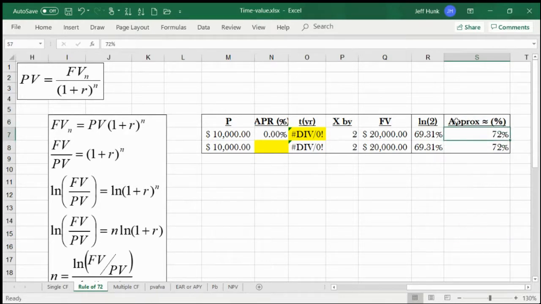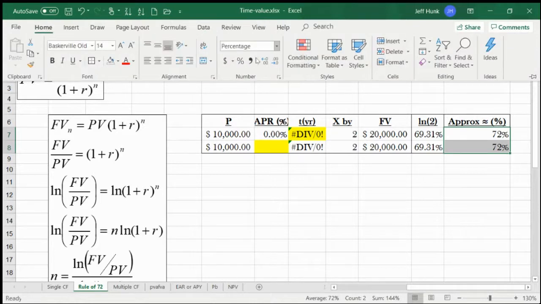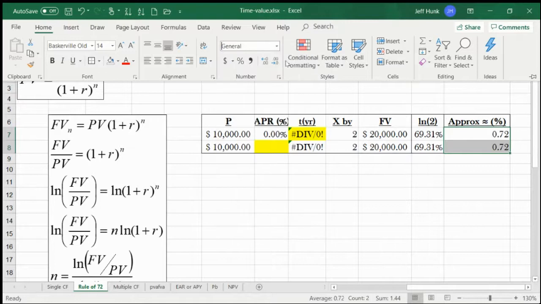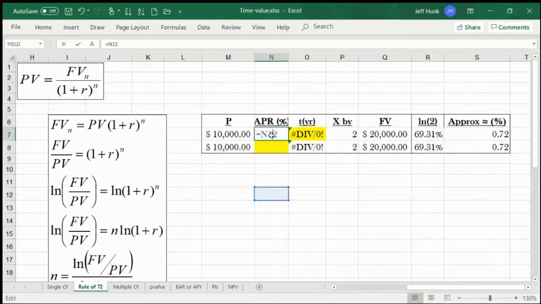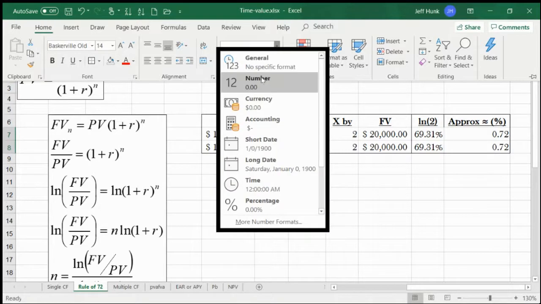Then you can simply make these just numbers, right?